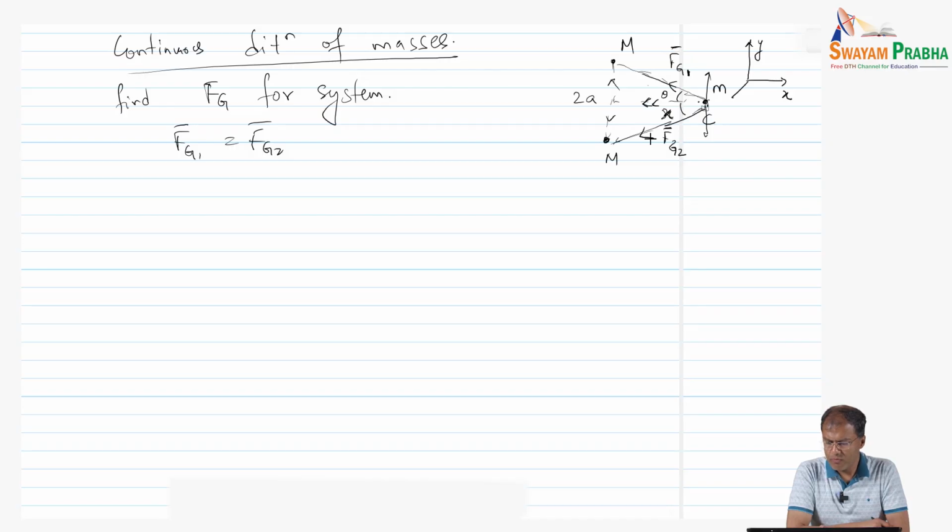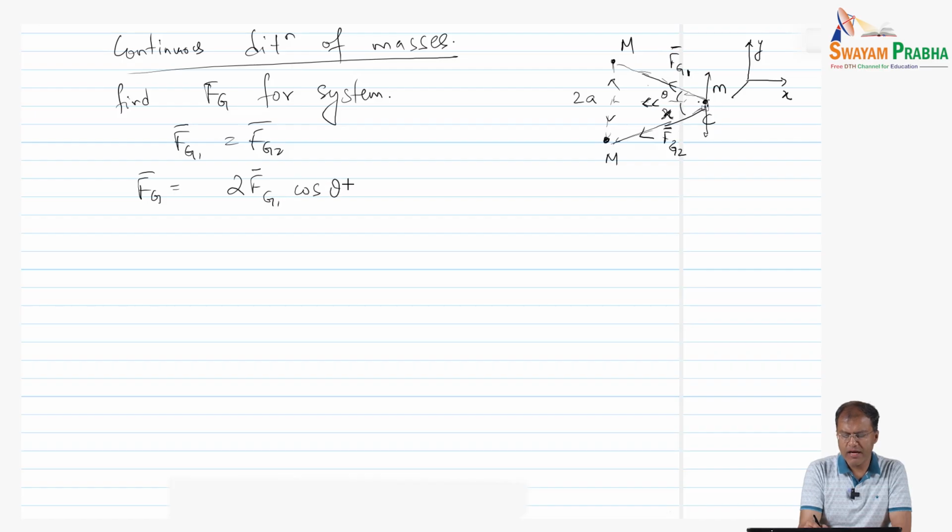So we see that the net gravitational force is 2 times Fg1 times cos theta, right? This is the angle theta which the line joining the two masses makes with the horizontal axis, or the x axis. Then our net force is acting along the line i hat, where i hat is the unit vector along the x direction, right?